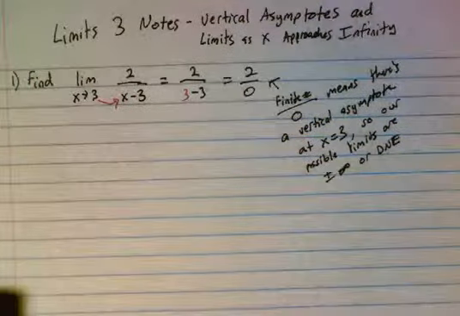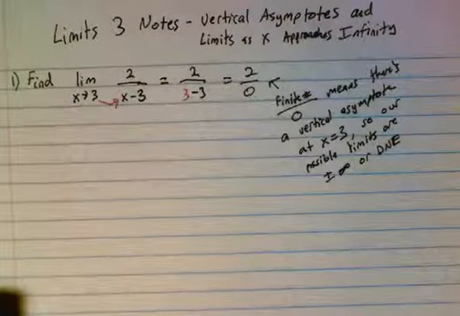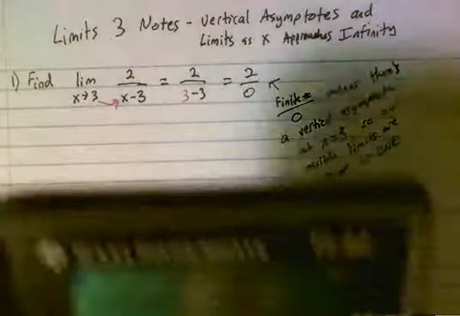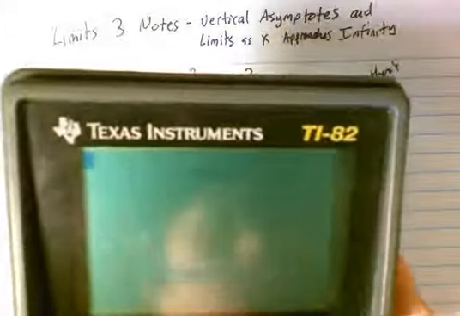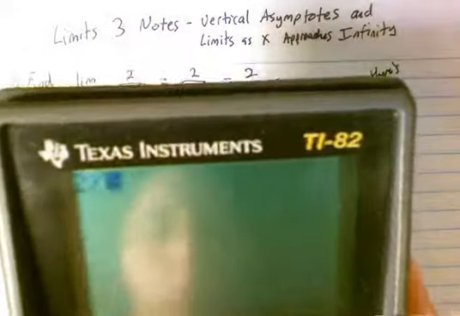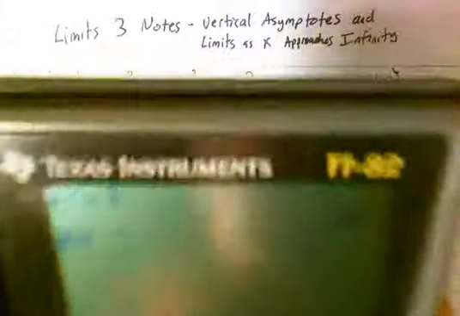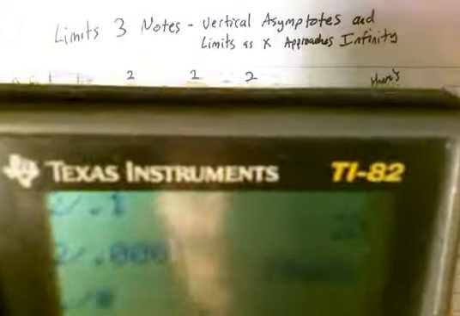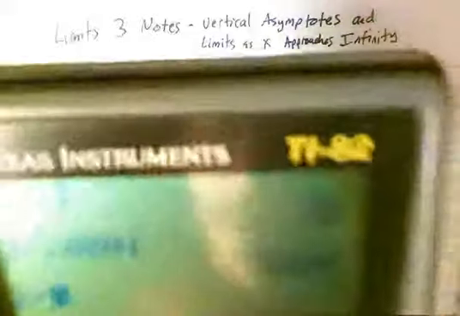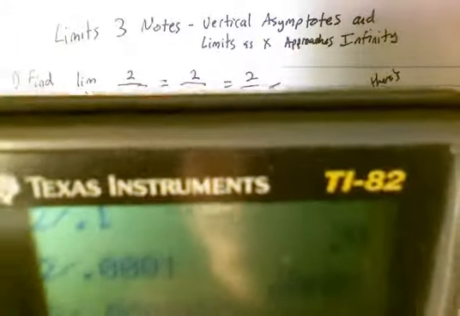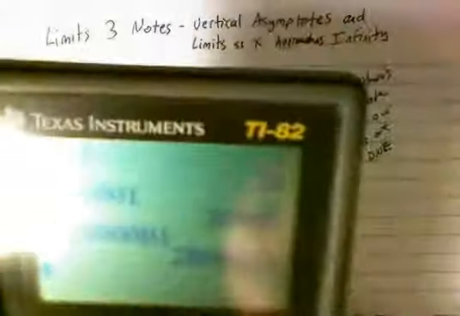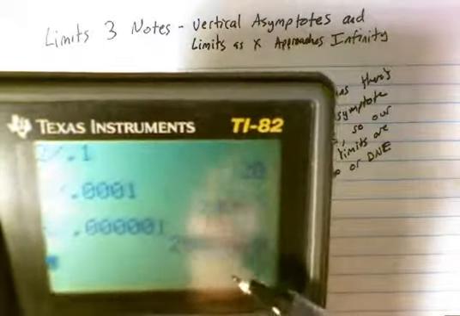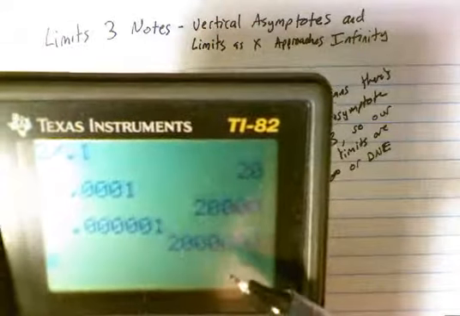The reason we have a vertical asymptote at the value that makes the denominator 0 is that as we put in denominators closer and closer to 0, so let's say 2 divided by 0.1, 2 divided by 0.0001, 2 divided by 0.000001, and so on, you can see that as the denominator gets smaller and smaller, the value gets larger and larger.